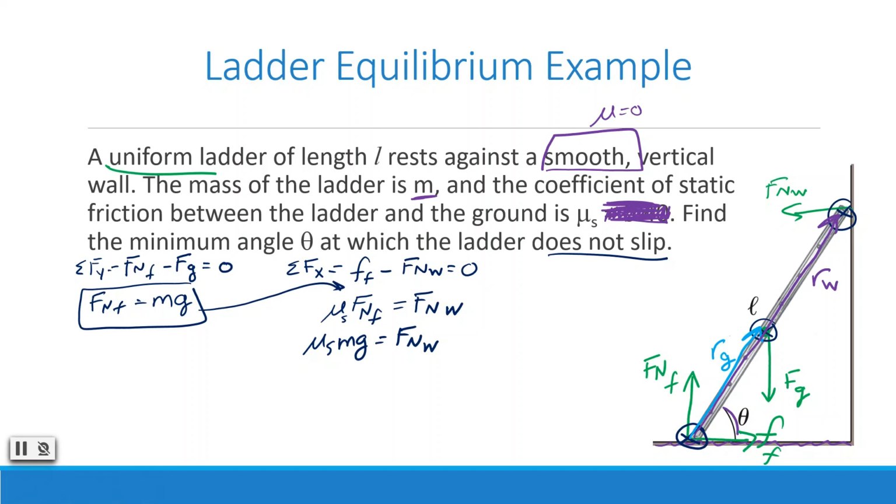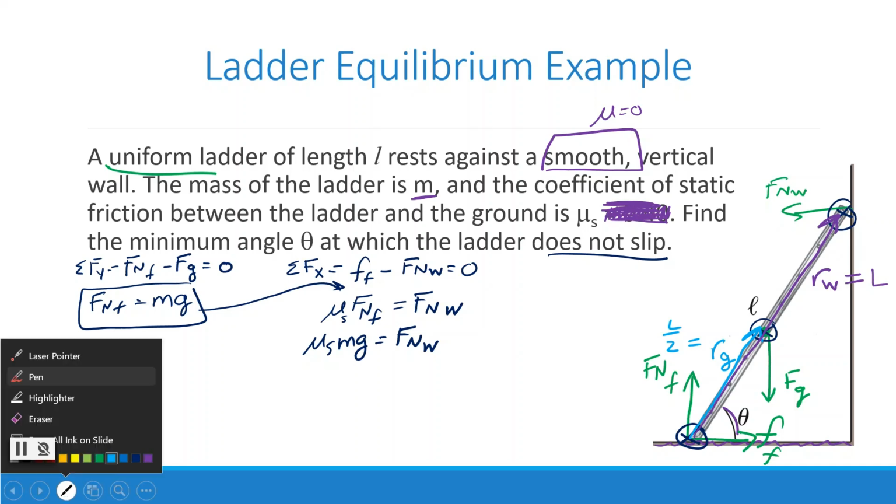These are nice values because RW for the wall is just L. And the gravitational force is at the midpoint, so RG is just L over 2. Now, we do have an additional problem, and that is that those forces are not perpendicular to their lever arms. So we need to find a way to incorporate the angle, which is good because that's actually what we're missing, right?